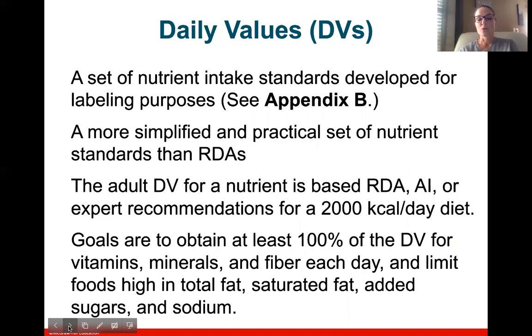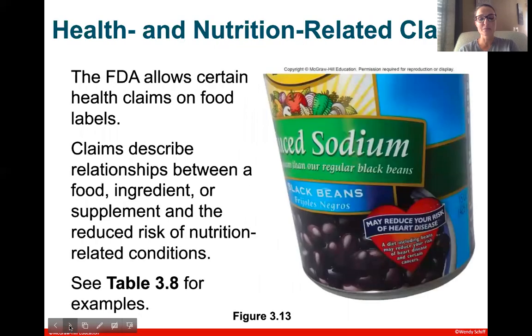So you want to get 100% of daily value for vitamins and minerals and fiber each day, and then limit fat and sodium and sugar. It's kind of confusing for a lot of people. And when I teach food labels, I tell people not to pay a whole lot of attention to them, but they're there if you want to use them for reference.